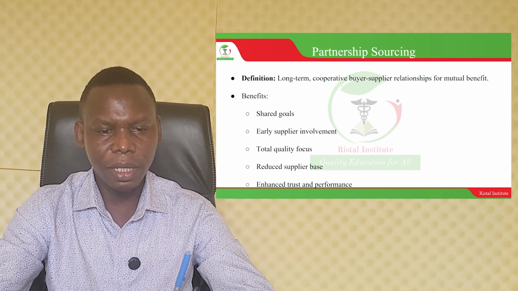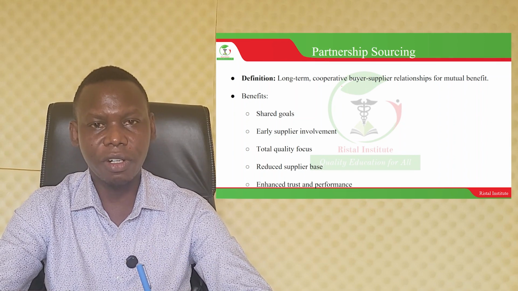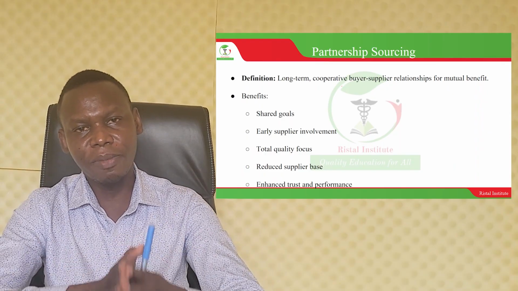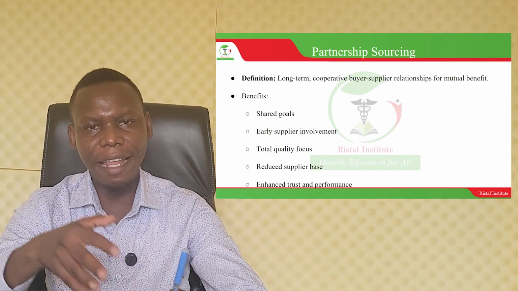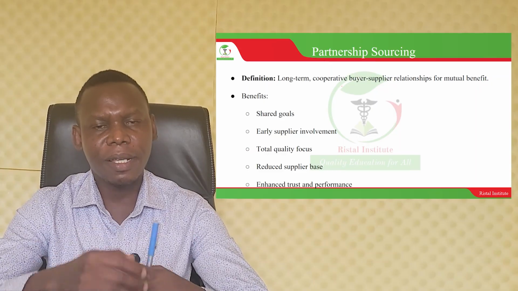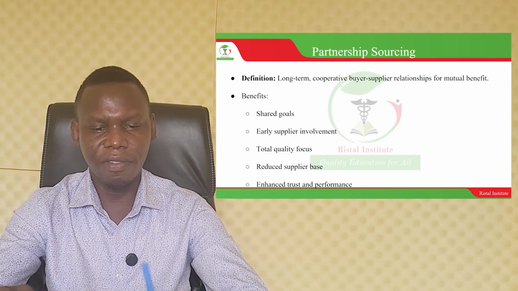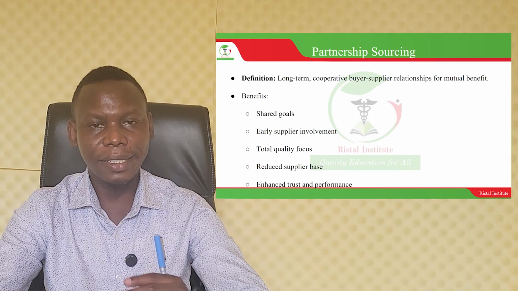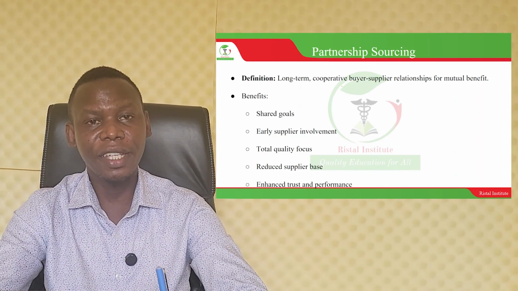Benefits could be shared goals, earlier supplier involvement, because if you have a relationship with your supplier, you can involve them at any level before production. Total quality focus, you can also enjoy that as one of the benefits.